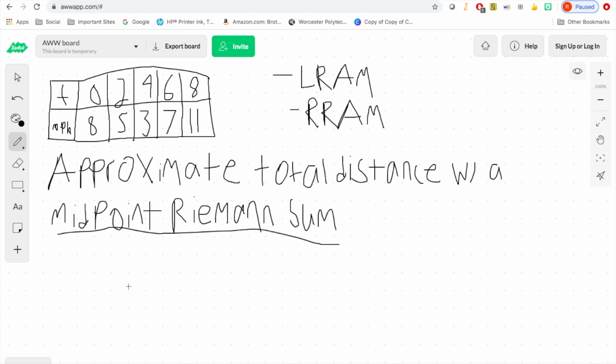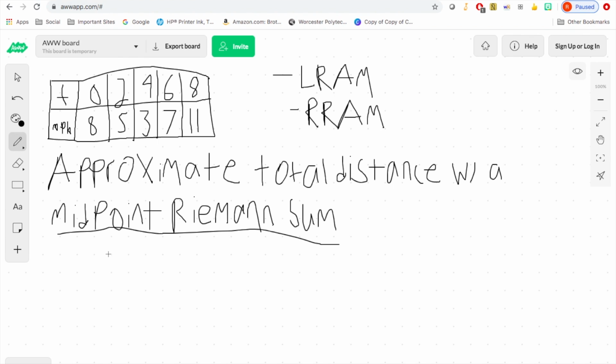First of all, you should know that LRAM and RRAM you can typically do with any table they might give you, but for a midpoint Riemann sum, you need a specific type of table in order to solve these problems, and you'll see why in a second.